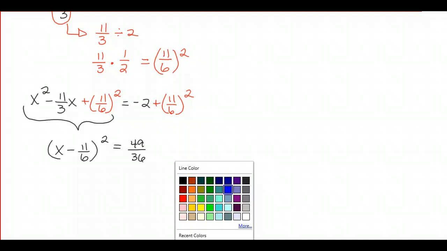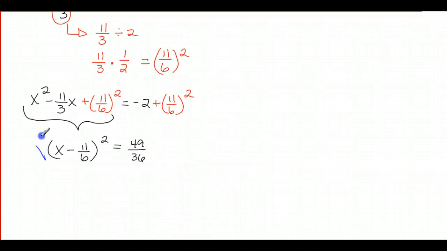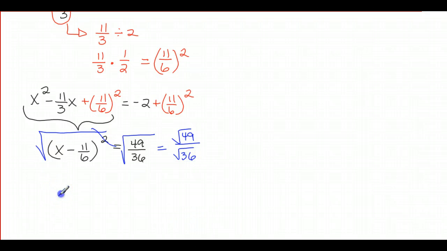Next thing we're going to do is square root both sides to solve our problem. Square root the left, square root the right. My exponent goes away. Remember, when we square root, we're square rooting the top and the bottom numbers. So what we are left with is x minus 11 over 6 equals plus or minus 7 over 6.